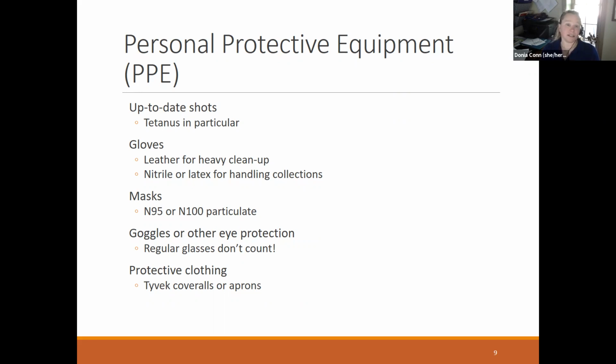So I tend to just have one type of glove on hand, and I make sure that that glove is nitrile. One thing to make sure is, as you're putting together these kits for your disaster supplies, always check the expiration date, because your nitrile gloves and your latex gloves, if that's what you choose to use, as well as your masks, have expiration dates, and that's because the plastic in them does break down over time.